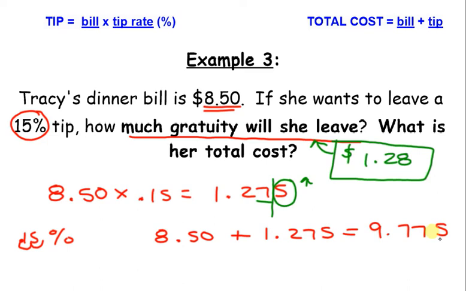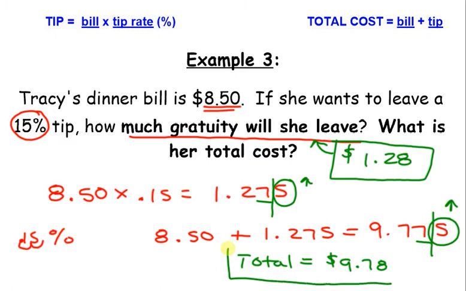Now we're going to round this number for our final bill. So we underline the hundredths place, draw our stick. The 5 tells us that we're going to round up. So her total cost, and I'll write down here total, is going to be $9.78. So that is her bill plus her tip.